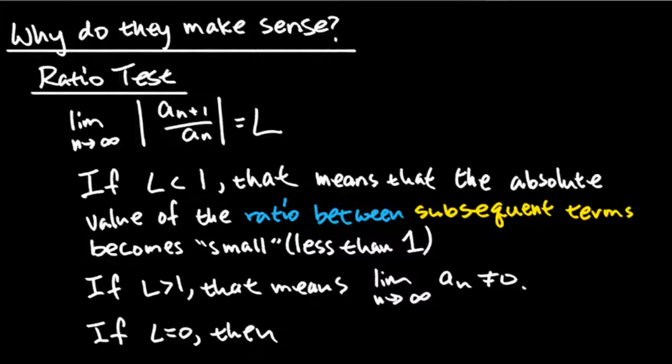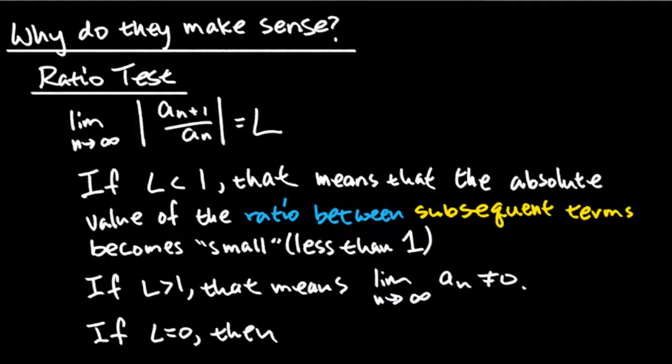So the question is, why do these make sense? Well, if L is less than 1, that means the absolute value of the ratio between subsequent terms, so each term as it goes on, that ratio is becoming small. It's getting less than 1. And so that means it's going to be small, getting smaller fast enough to converge.